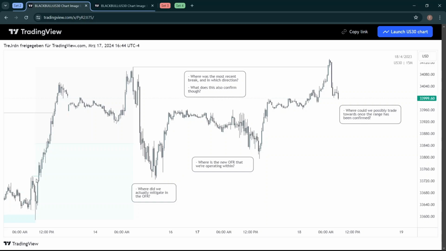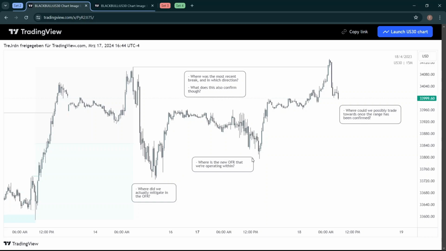When we see these sequence of events already just playing out, we could just step back, take information as presented, so that we could begin to formulate ideas or frame the idea, determine directional bias. Yeah, this all is more or less playing into the other steps. But I can still go ahead and probably explain this one a bit. This one specifically, where's the new order flow range that we're operating from or operating within?